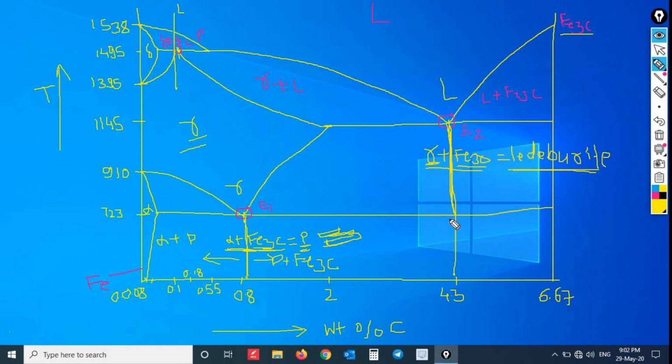And at lower temperatures, this is ledeburite, pearlite and cementite. So this is all about the iron carbide diagram.